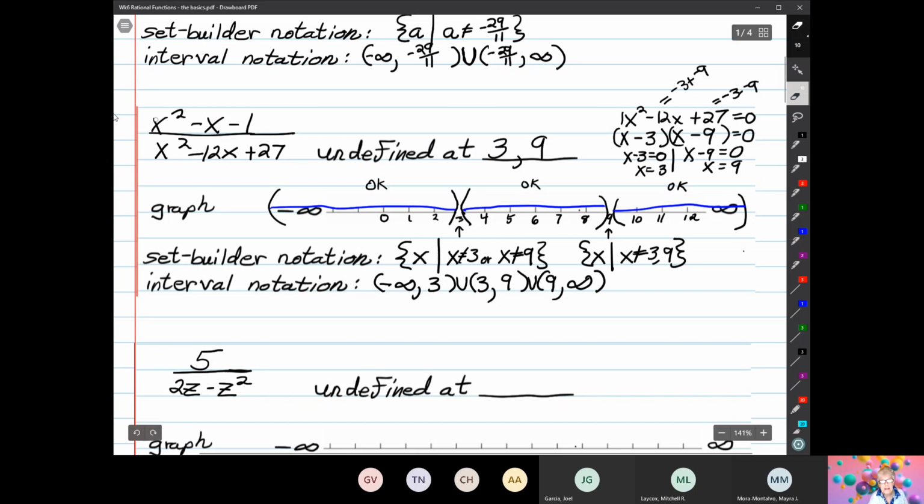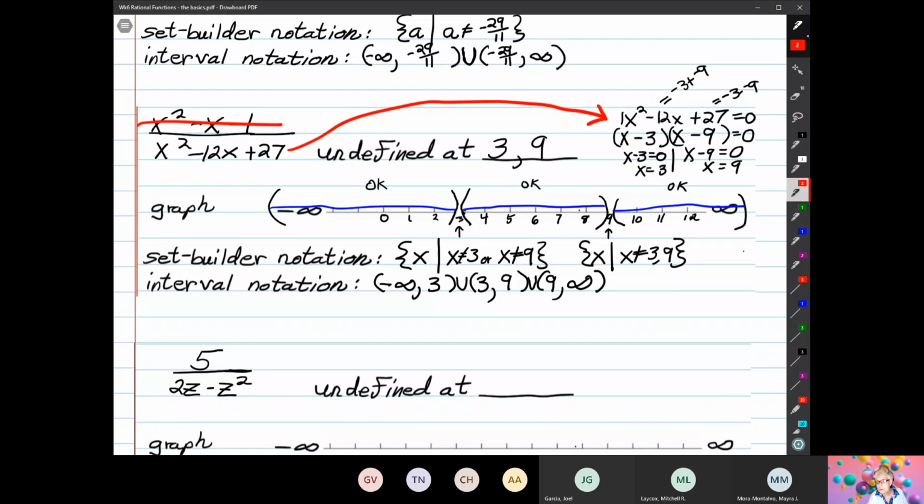I made myself not even think about the top, don't care about it. Instead, I took the denominator over here because it was convenient, set it equal to 0 and solved, and found out that X equaled 3 and X equaled 9.